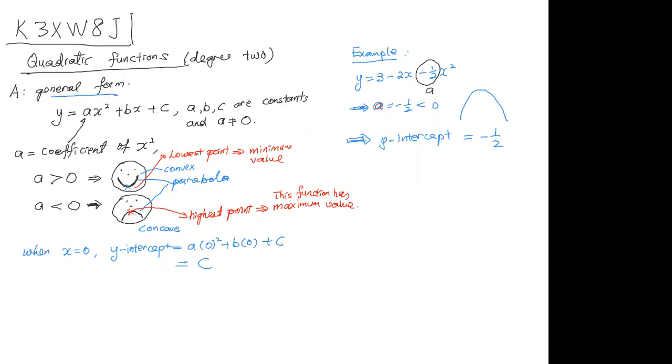So now, from this general form, what calculation can I do so that I can find certain things? If you give me a general form, I will ask myself how to find the turning point.